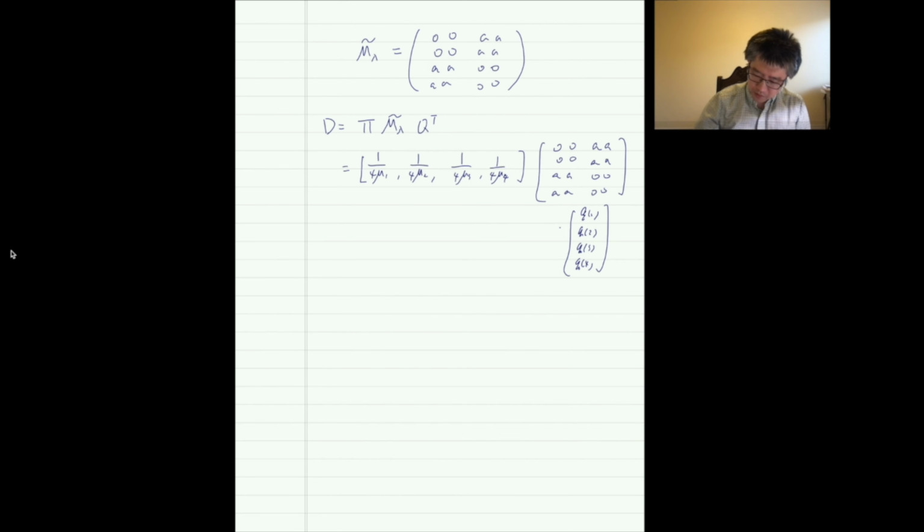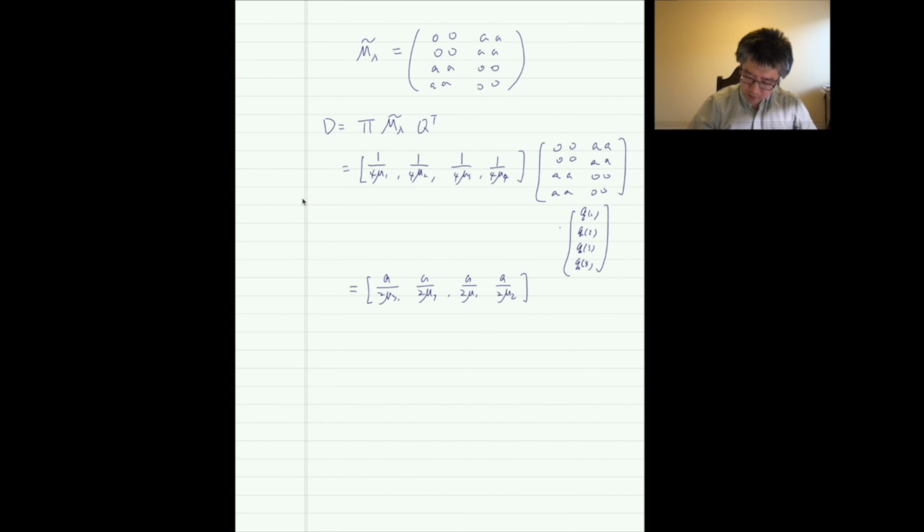Okay, so because we have all the values here, right? Basically, if we compute it, if we use this multiplied by that, what we obtain here is a over 2 mu 3, a over 2 mu 4, a over 2 mu 1, and a over 2 mu 2, right?